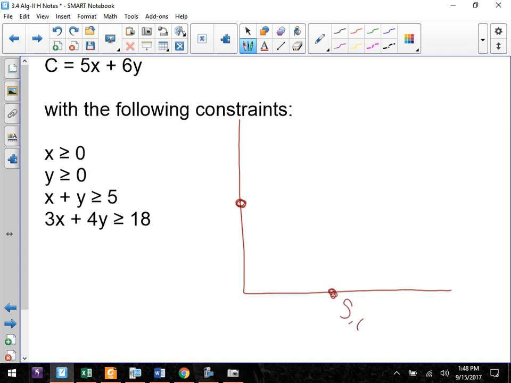Nope, as long as I label them. Connect the dots. And which direction does this go? Does it go up or in? It goes up, doesn't it? Because 0 plus 0 is not bigger than 5, so it's moving outward. We okay with that so far?